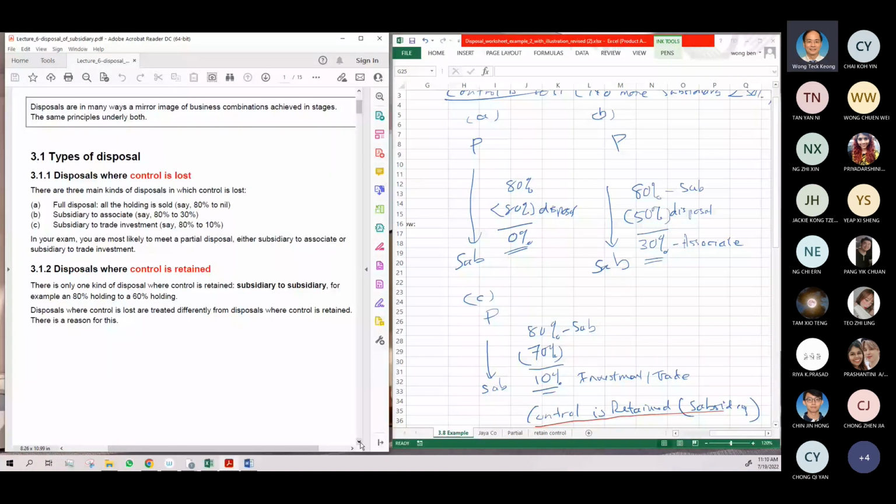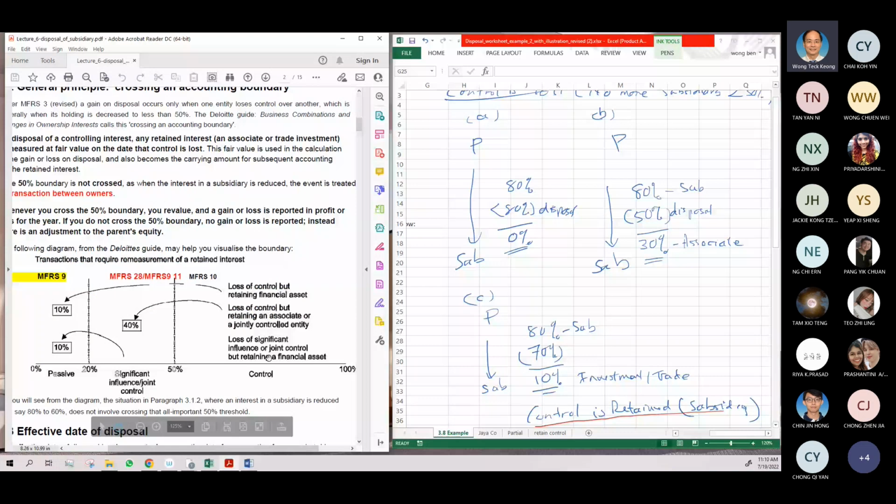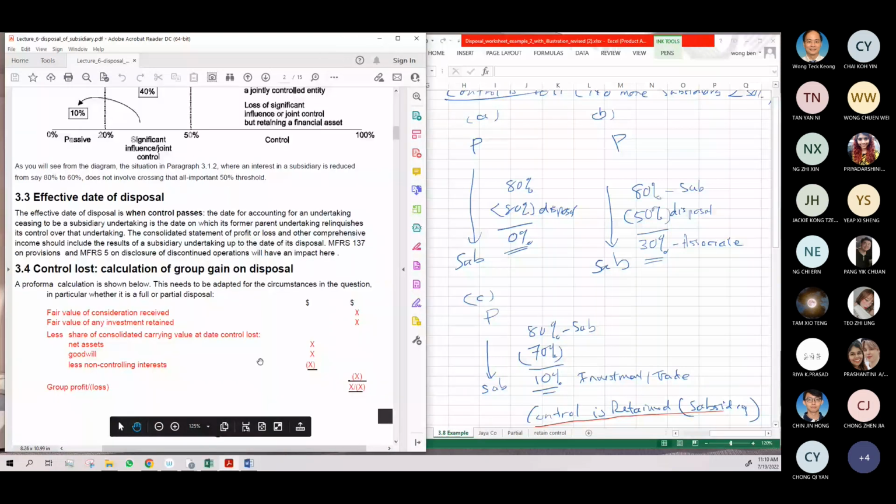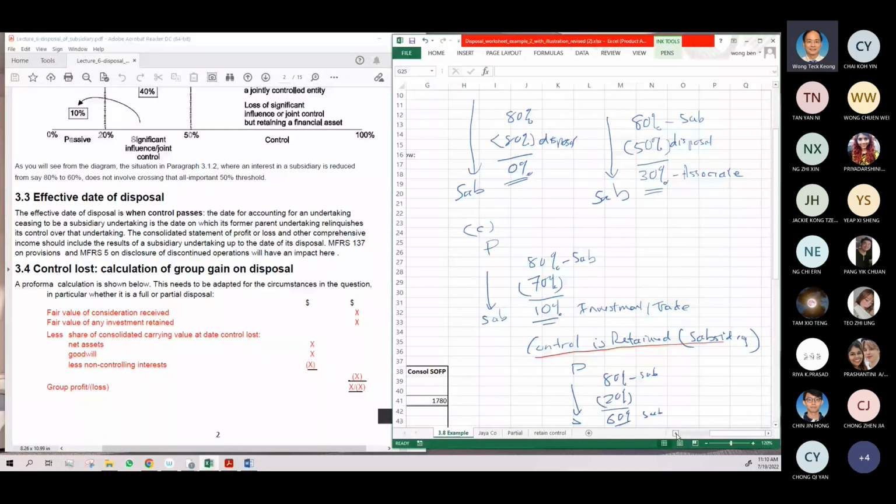Okay, now we know all these four types of disposal. Then we have this. We learn step by step which one is more important. So this one I won't go through, now we already explained. So let me go back to the page.